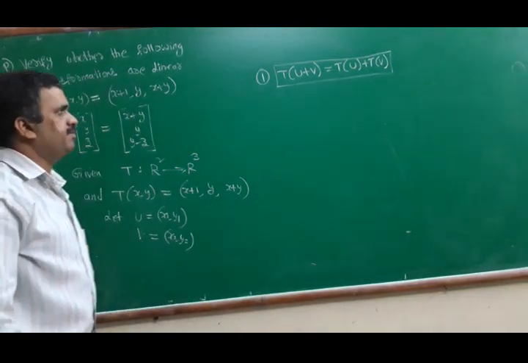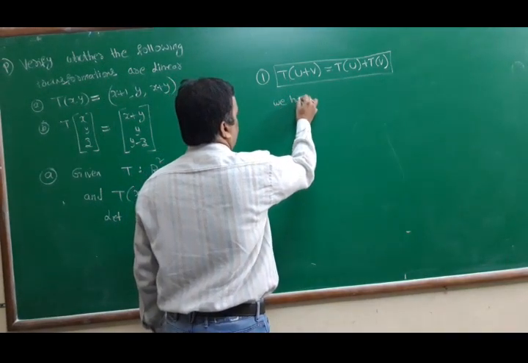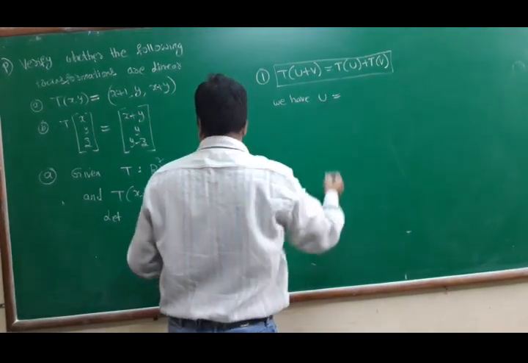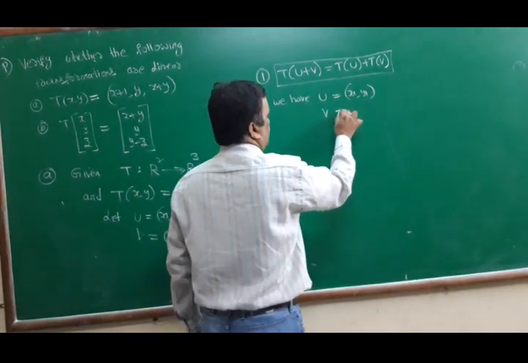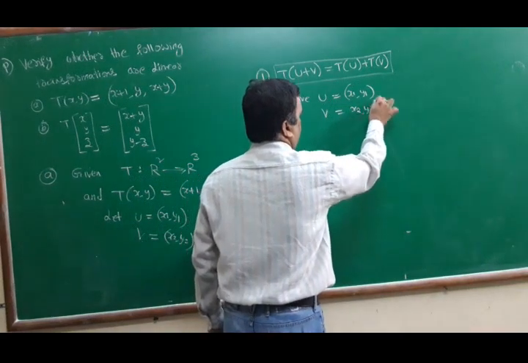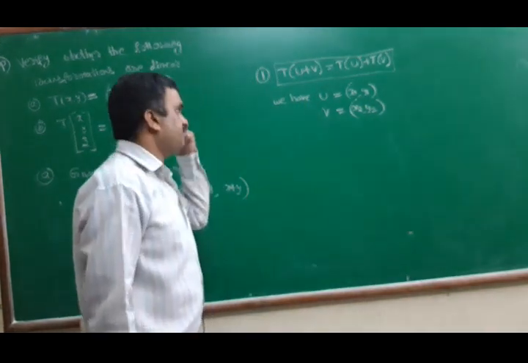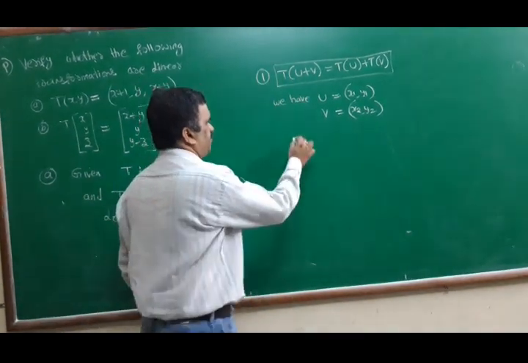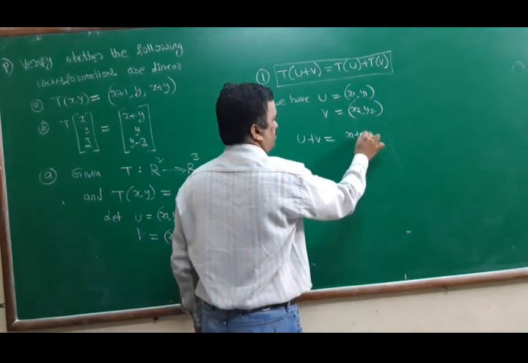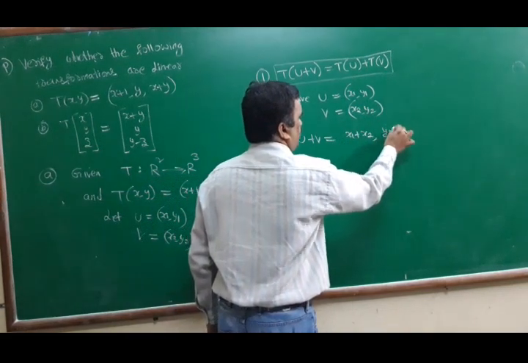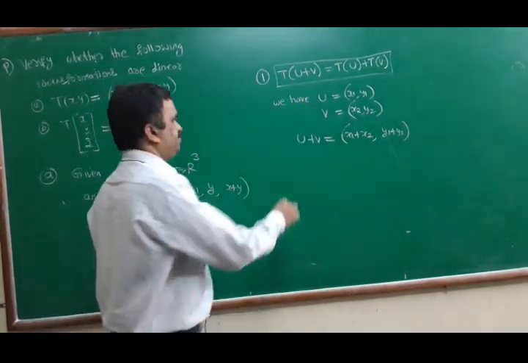First I require T of u plus v on the left hand side. Before that, within the bracket we have u plus v. I am finding u plus v. u plus v equals x1 plus x2 comma y1 plus y2.